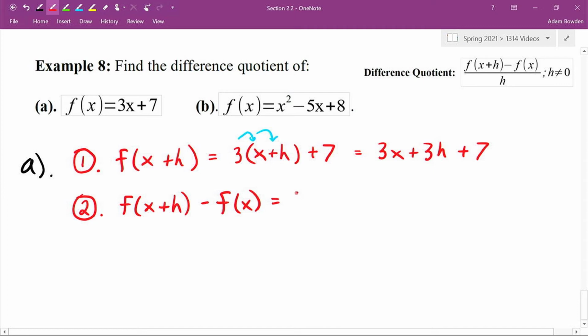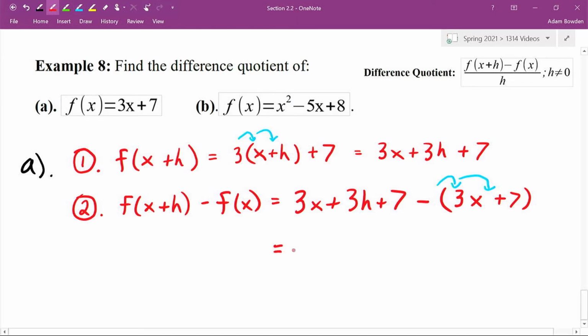So that means we can take what we have from the last step and we subtract away f of x, which would be minus (3x plus 7). We're subtracting both the 3x and the 7, so both of those will be negative. Basically, the negative distributes to both terms being subtracted.